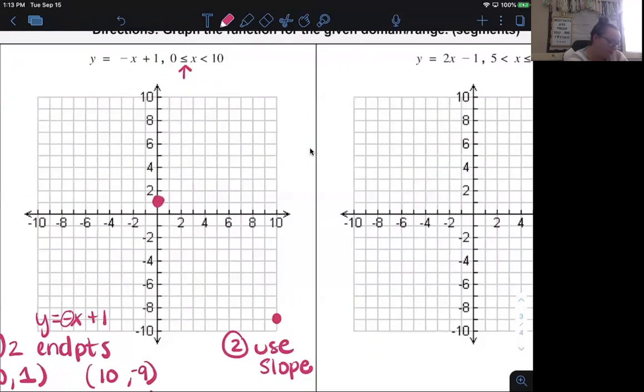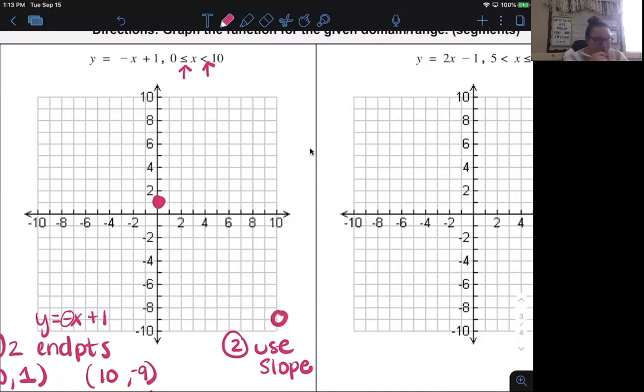So 0 should be closed, but x is only less than 10. I think I said x is less than 0. X is greater than 0 here. But x has to be less than 10. It's not equal to. So this second endpoint should actually be an open circle. So I'm going to change that to an open circle.